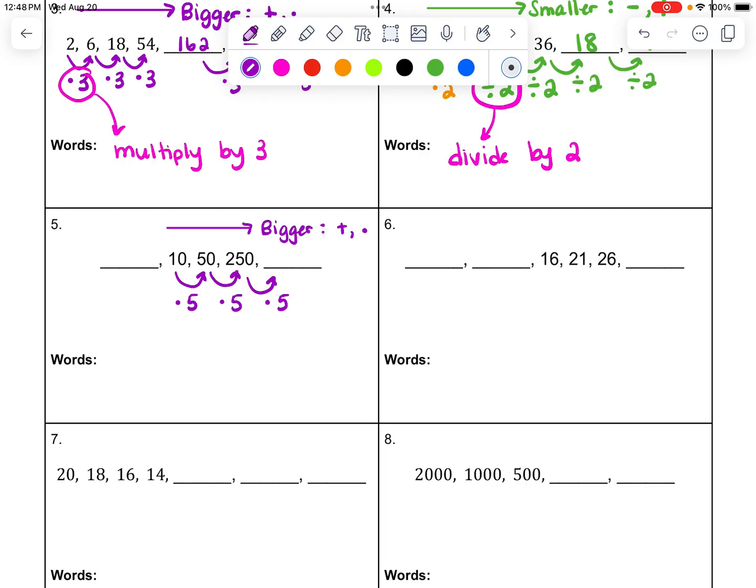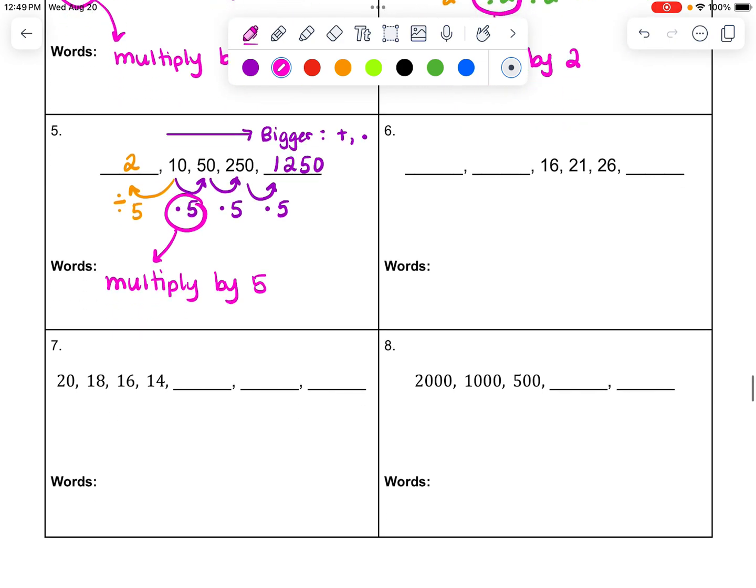Again, multiply by 5 and I get 1,250. To go backwards, I need to divide by 5, and I get 2. So my pattern is multiply by 5.